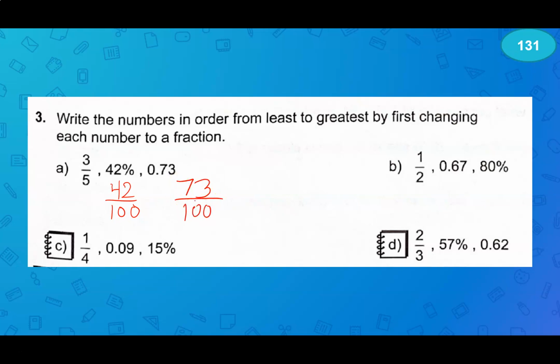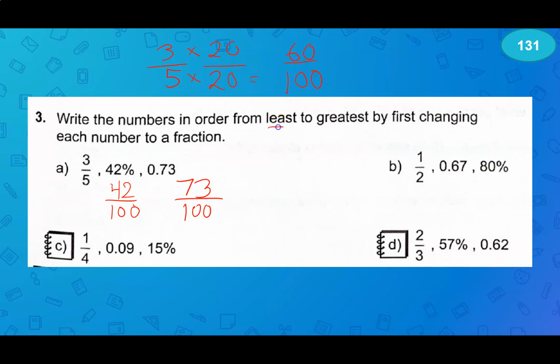Now we have all of these as a fraction. You can also convert 3/5 to a fraction with a denominator of 100, just like we have done in previous questions. So first, we must multiply 5 by 20 to get to 100, and do the same to the top. 3 times 20 is 60. So now we have 60 hundredths, 42 hundredths, and 73 hundredths.